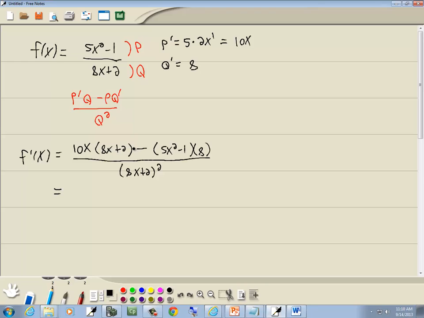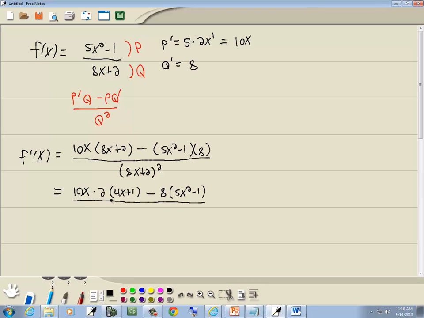First thing I notice with this is I can factor a 2 out of the parentheses right here. So that would give me 10x times 2 times 4x plus 1, factoring out the GCF, minus, and I'll put this 8 out in front, 8 times 5x squared minus 1.